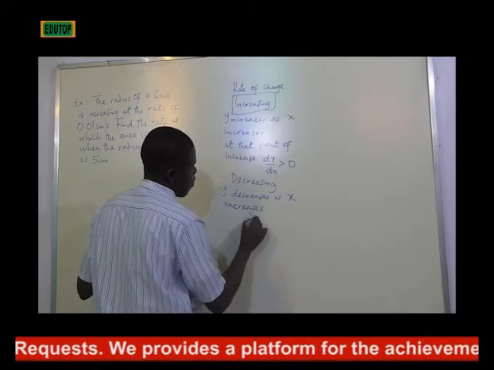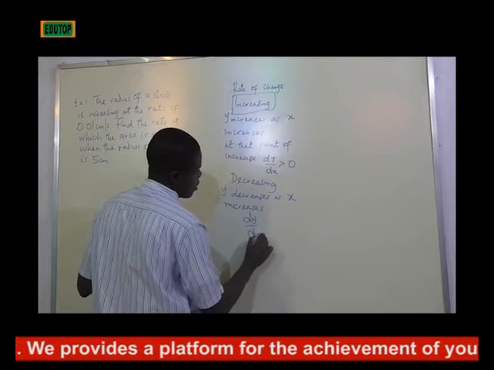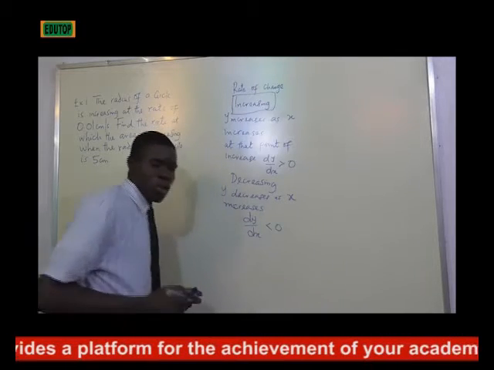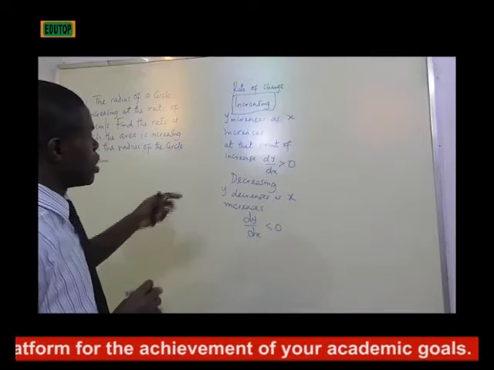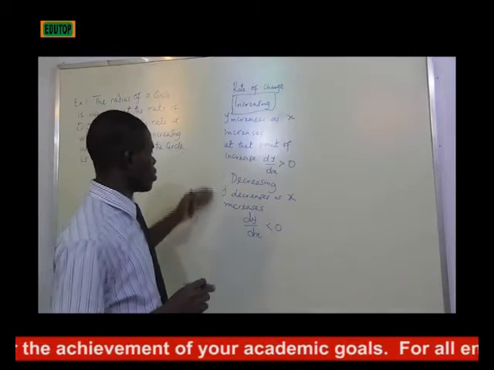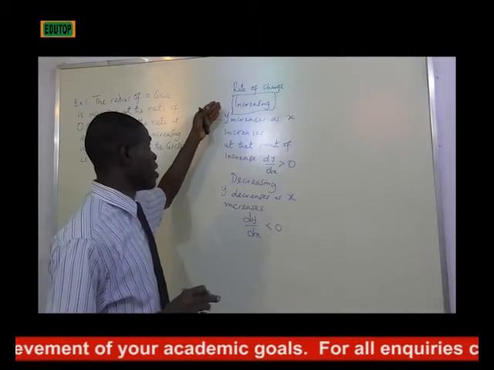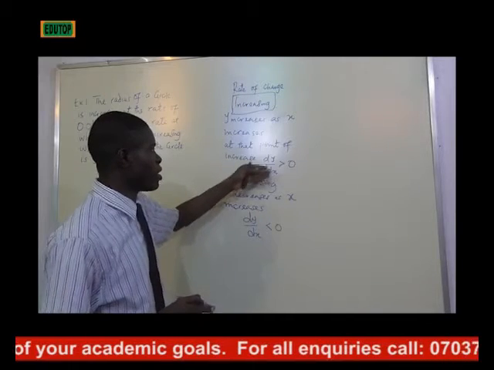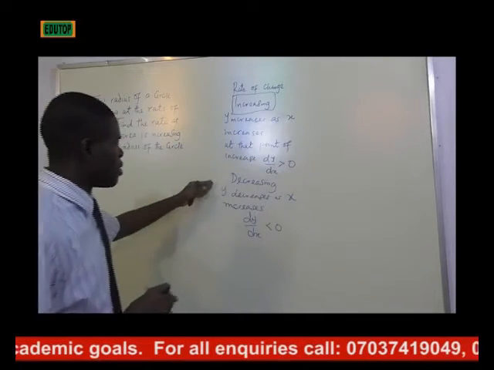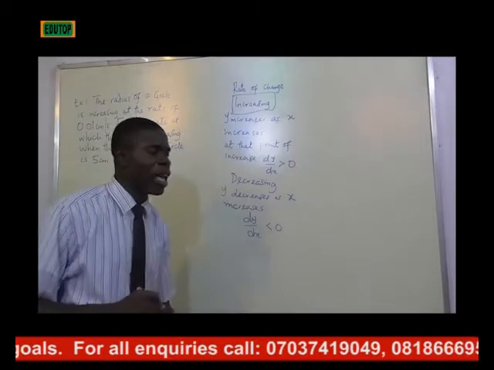Then we have dy/dx less than 0. So these are the 2 conditions. Rate of change can either increase or decrease. When it is increasing, dy/dx is greater than 0, and when it is decreasing, dy/dx is less than 0.